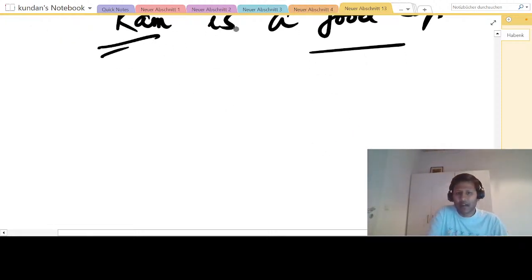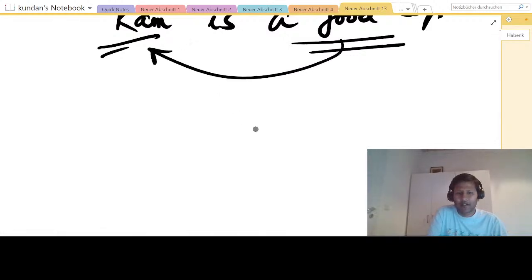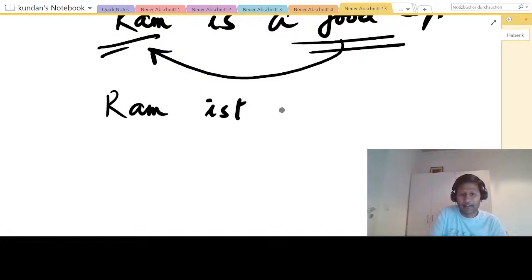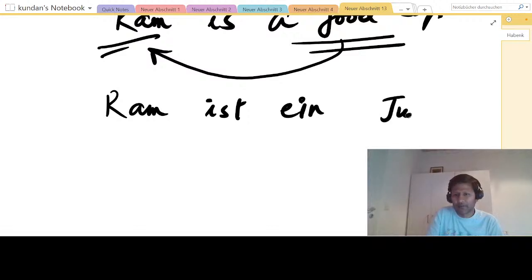Ram and boy, both are same or different? Both are same, right? But I see responses like Ram hat and all that, which is not right. It is obviously nominative. So I will say Ram ist ein Junge.